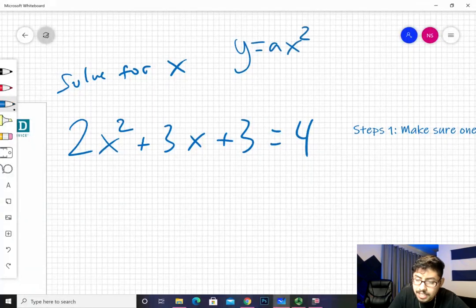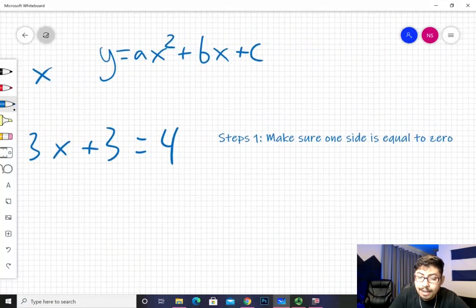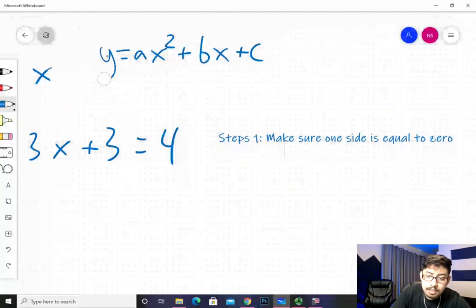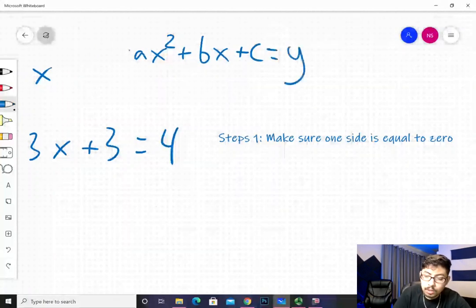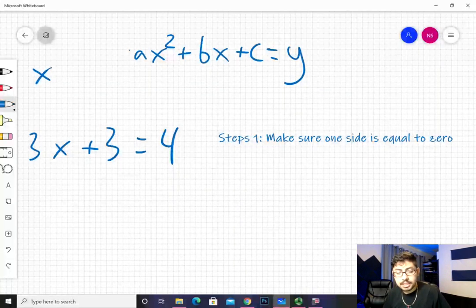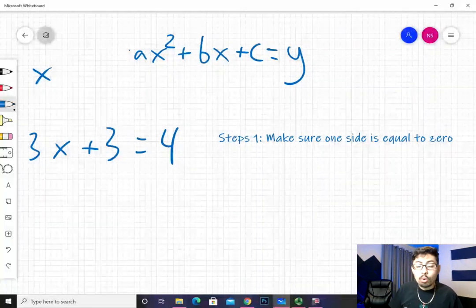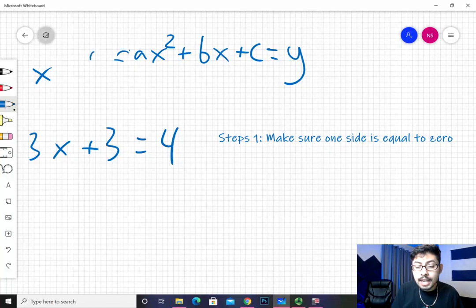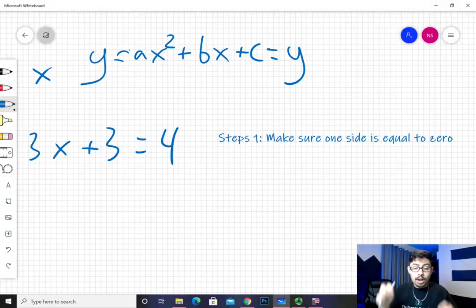They want us to match this right here. But it could be like that, or it could actually be like that, ax squared plus bx plus c equals y. It doesn't matter. What we essentially want is one side equal to 0, aka y.